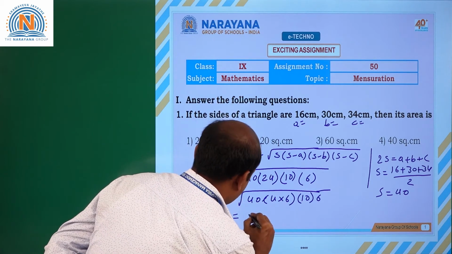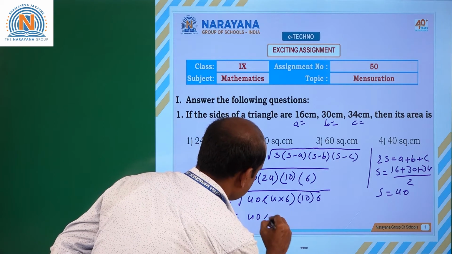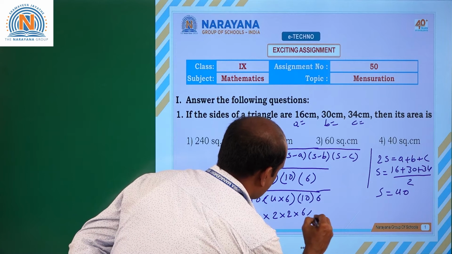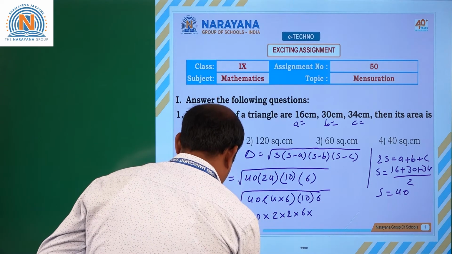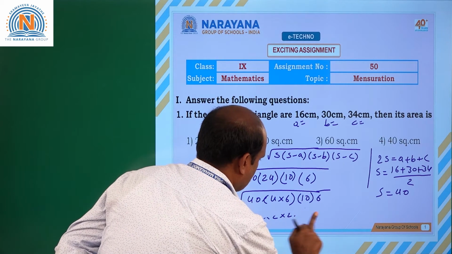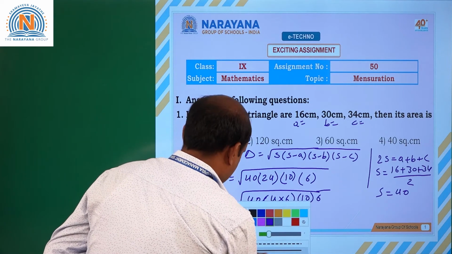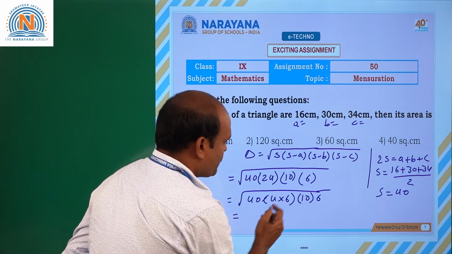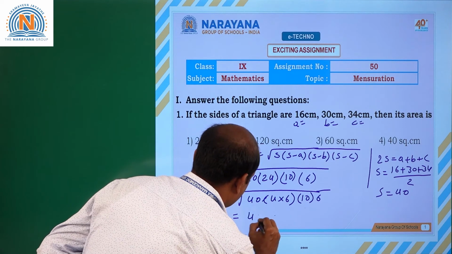Or otherwise simply, this is 4 into 10, 40, 40 into 40, 40 whole square, under root of 40 square is 40, right?